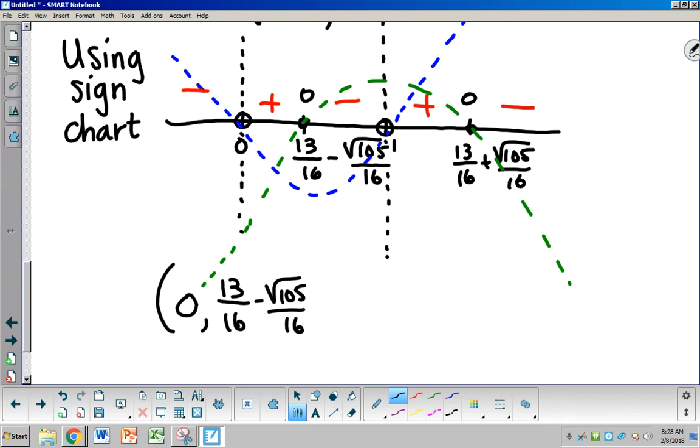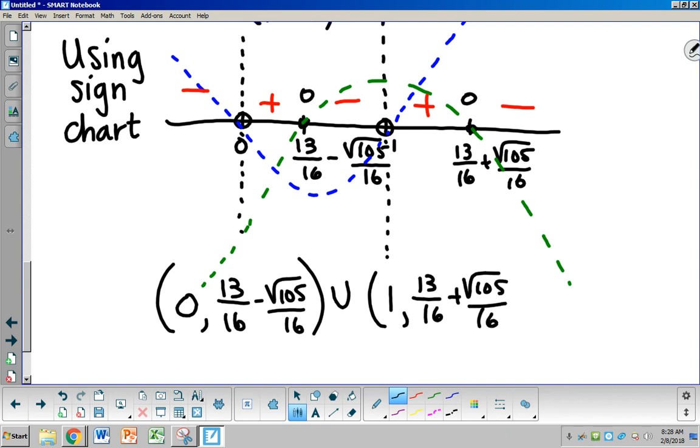Now that's going to be parentheses because it's greater than, in union with, parentheses, 1, good, comma, 13 over 16 plus root 105 over 16. It looks like a parentheses there, we can fix that.